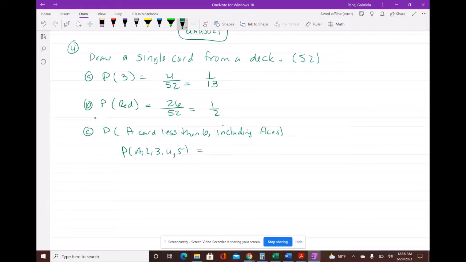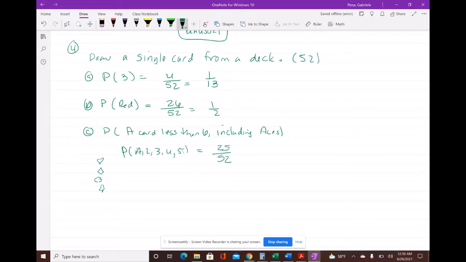These are my cards below 6. That's 1, 2, 3, 4, 5. But remember, I have 5 hearts, 5 diamonds, 5 clubs, and 5 spades. So that means I have 5, 5, 5, and 5.